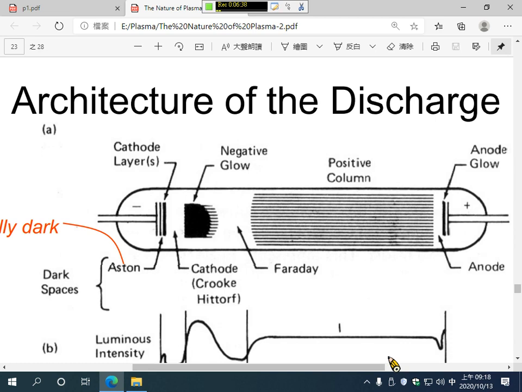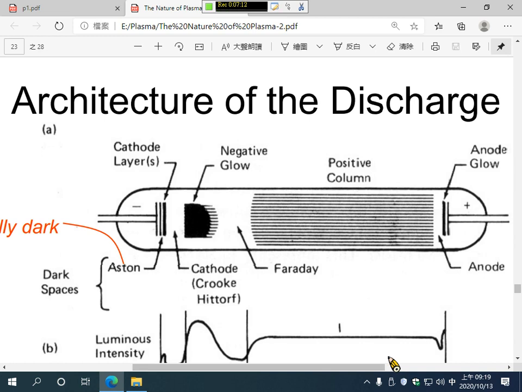When electrons travel from the surface of the cathode for a short distance, they gain a small amount of energy. And when these electrons meet cations, they recombine together. Recombination causes the luminosity in this cathode layer.